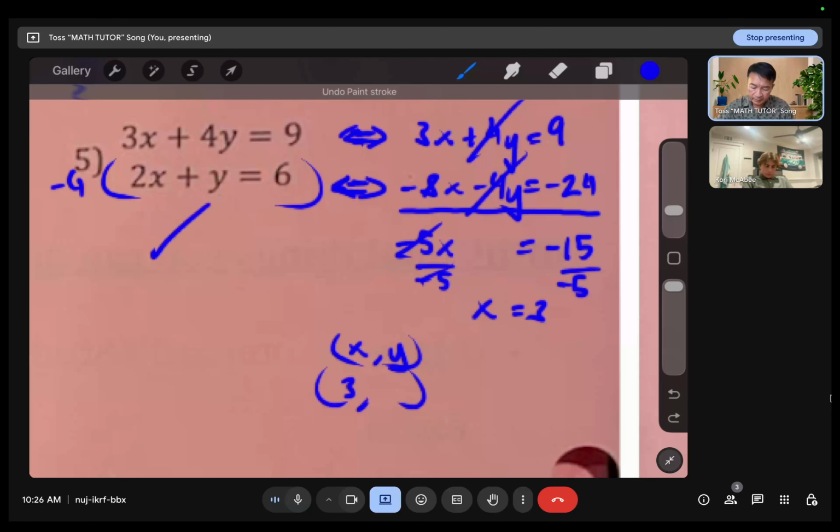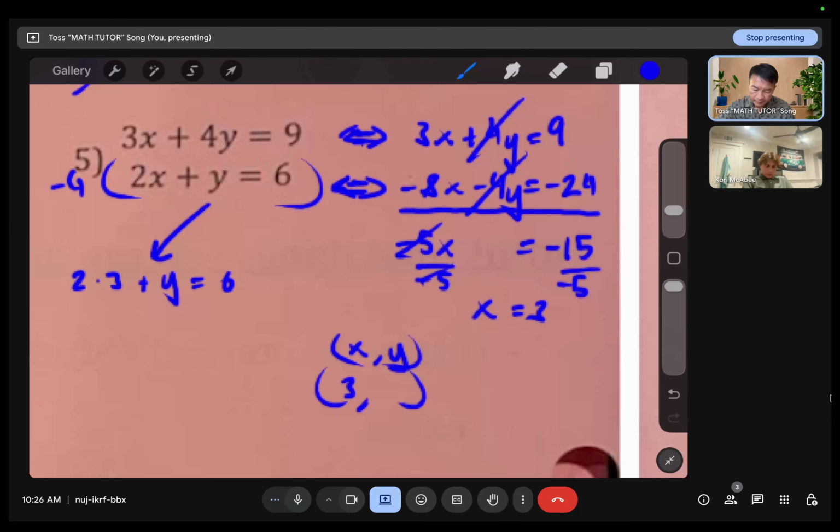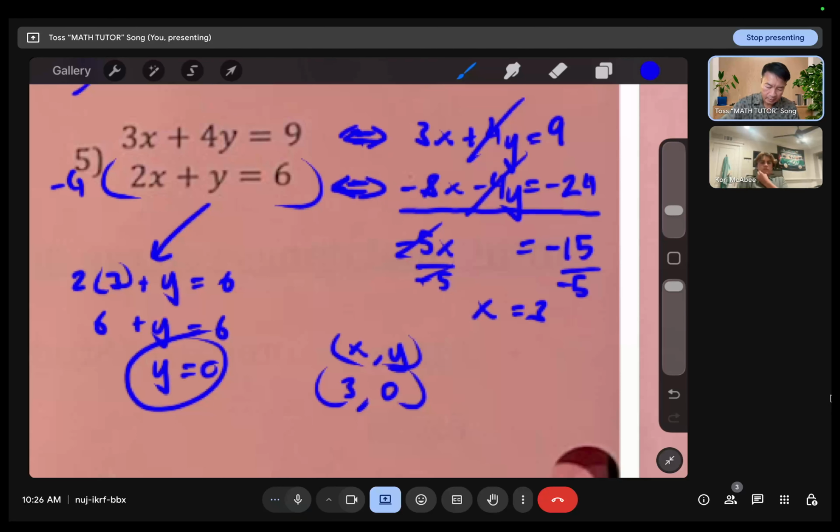I would do it here, the second equation of the original, so I'll plug it in for x. So it becomes 2 times 3 plus y equals 6. I'll parenthesize it. So it'll be 6 plus y equals 6. So you subtract both sides by 6, it'll be 0. So y is 0. So that's it. Let me kind of check it by eyeing it.